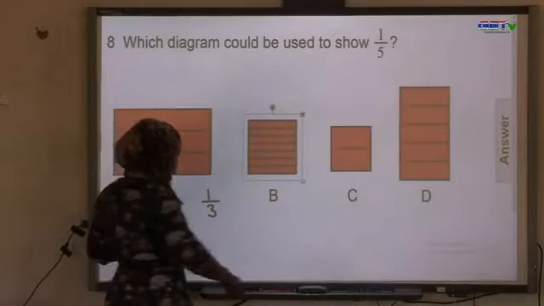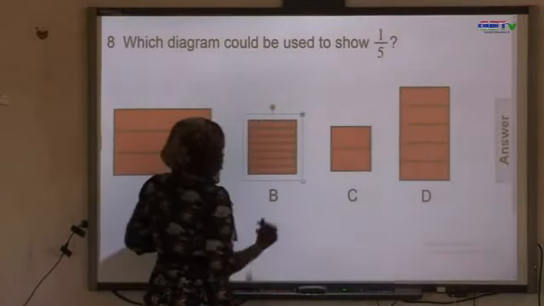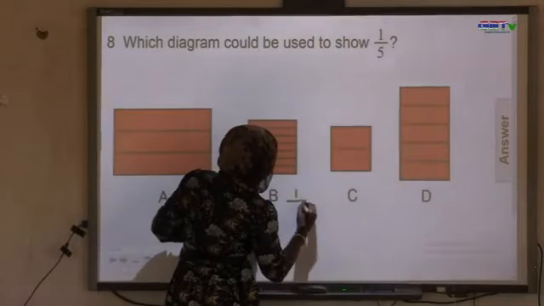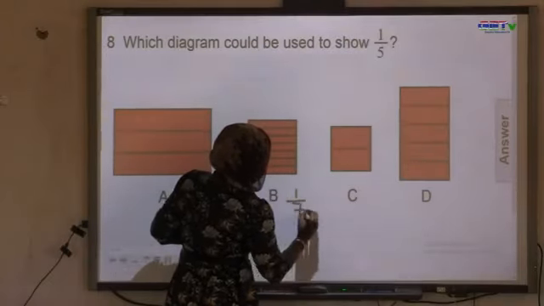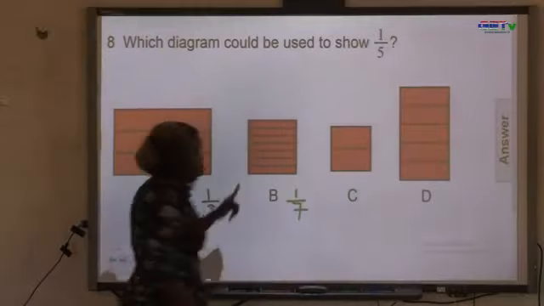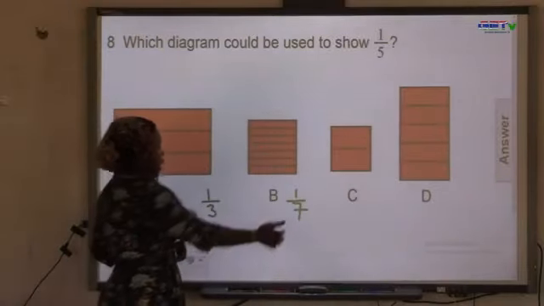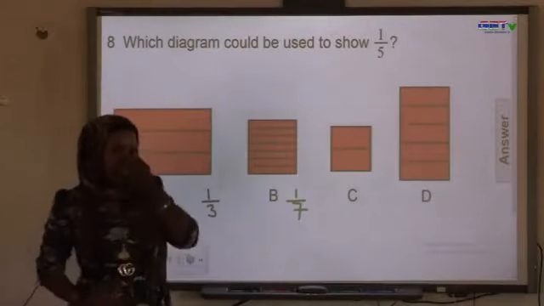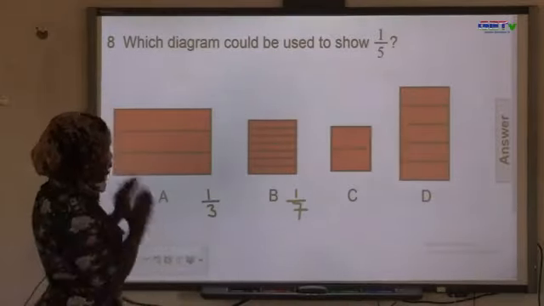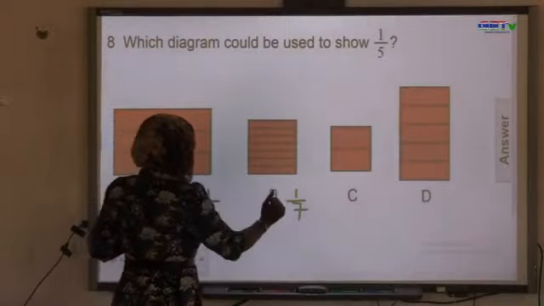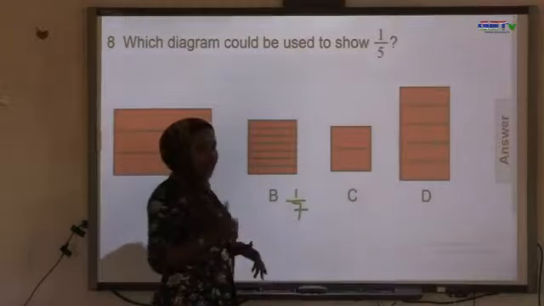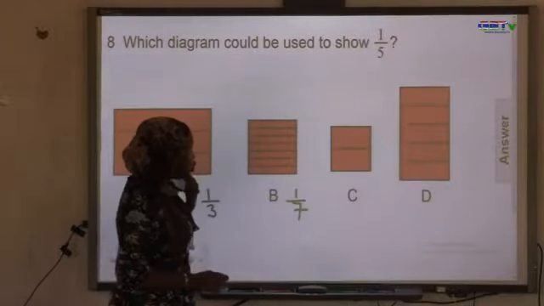It is going to be written as 1/7. 1 is just one part, and 7 is the total number of parts that the diagram is divided into. So it's divided into 7, so we have 1/7. Let's move on to C.